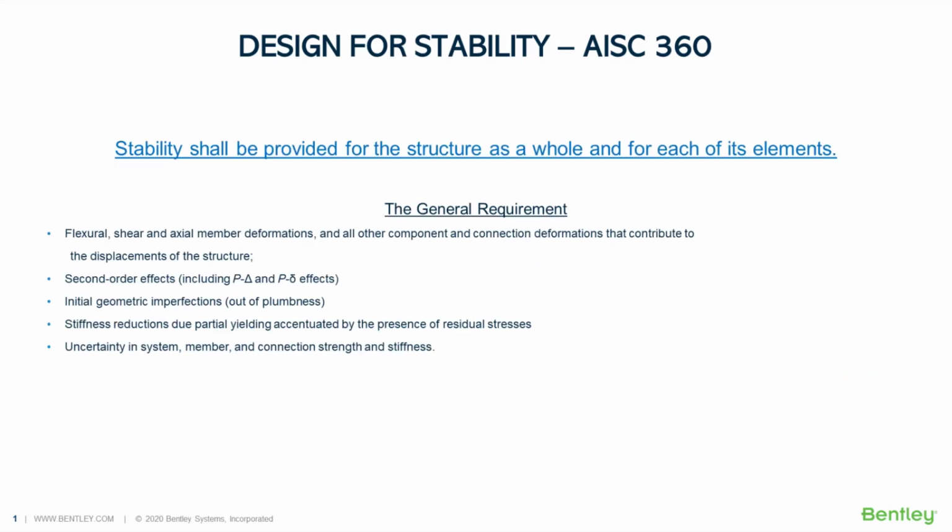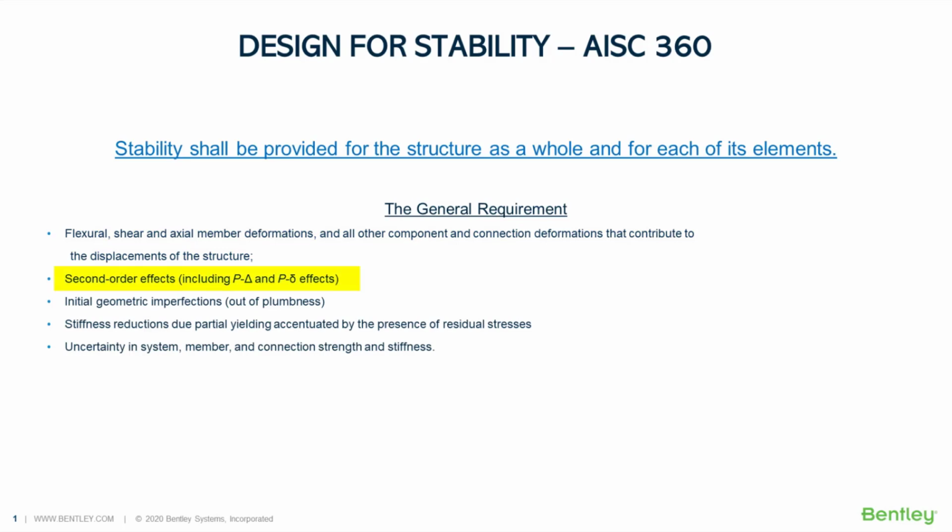The general criteria are the concerns that must be taken care of that affect both the system or frame stability and the member stability. These concerns are taken care of while determining the required strength and the capacity limit state. So the basic and general requirements are that flexural, shear, axial, and member deformation, and all other component and connection deformation that contribute to the displacement of the structure, have to be taken care of.